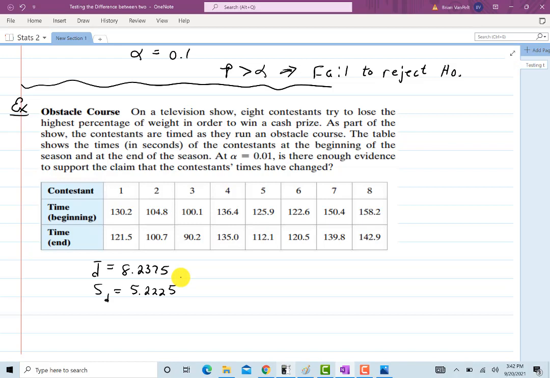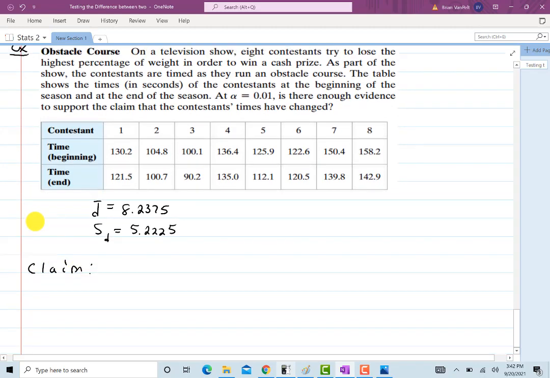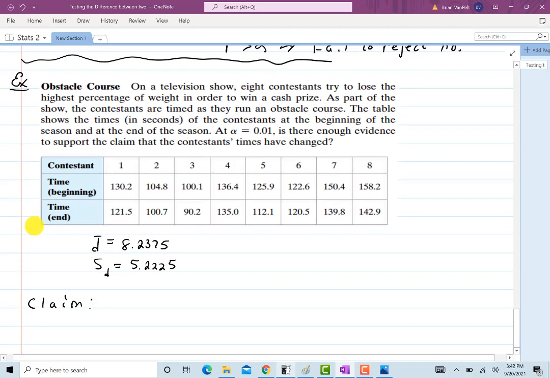So let's go ahead then and take a look at what is the claim that they're telling us. All right, so we have 8 contestants trying to lose the highest percentage of weight in order to win a cash prize. They have an obstacle course. So an obstacle course, the idea is that you should get better at it, which means that your times should have decreased.